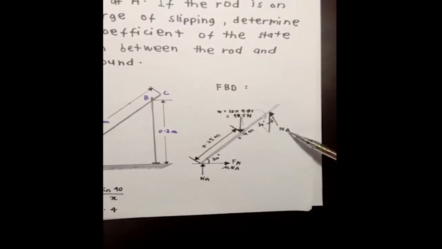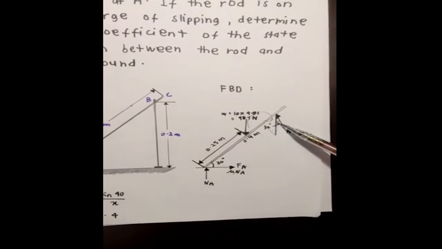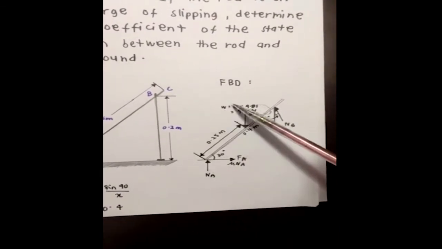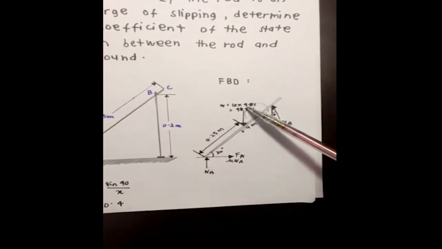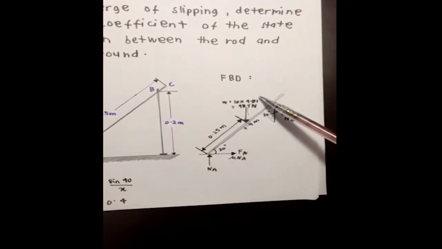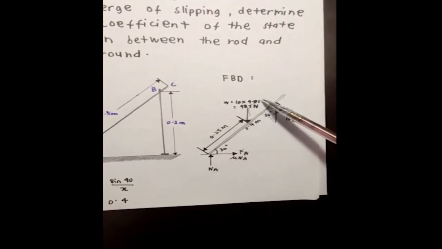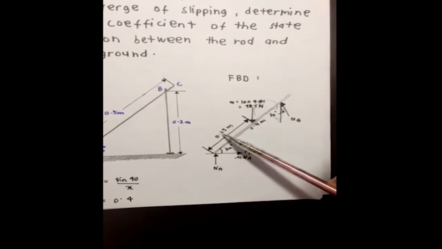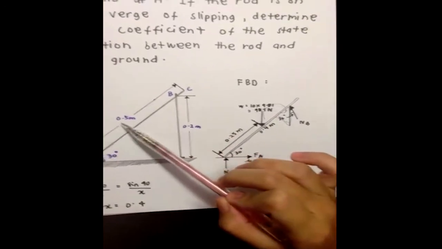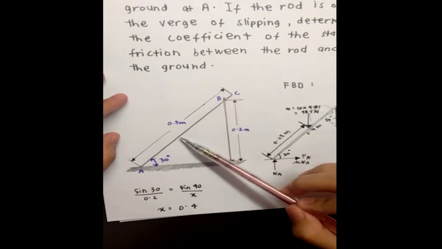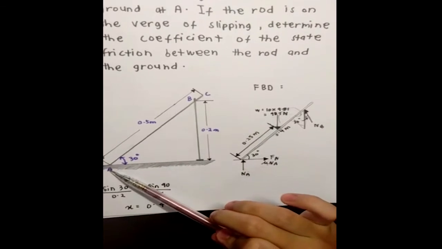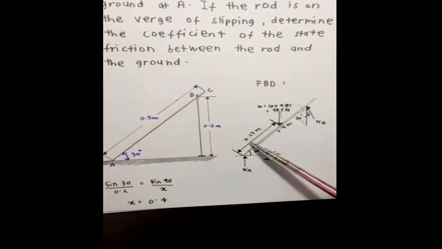Here is the external load at point B, and here is the 30 degree theta, same as this, using the Z rule. Here we are given 10 kilogram, and we multiply by 9.81, the gravity number, and we get 98.1 Newton. Here 0.25 is 0.5 divided by 2, because we are given the weight, so we divide the distance from point A to C by 2. Let's proceed to the problem solving.